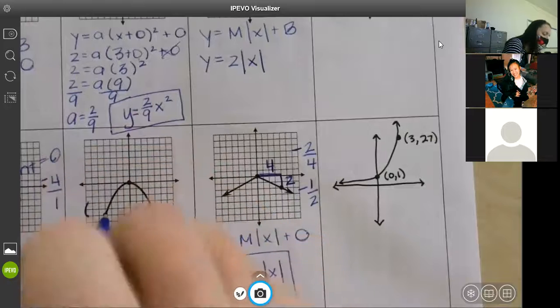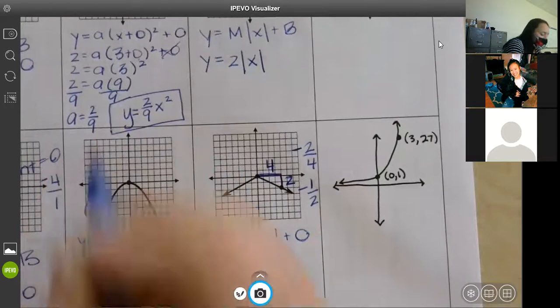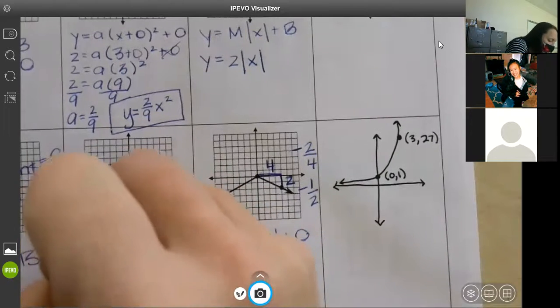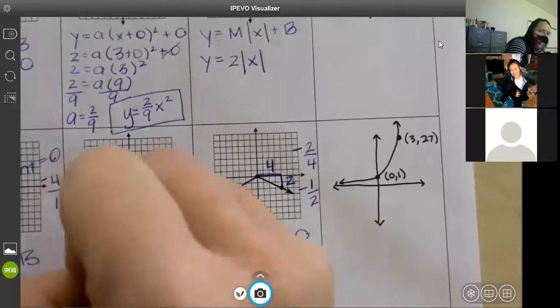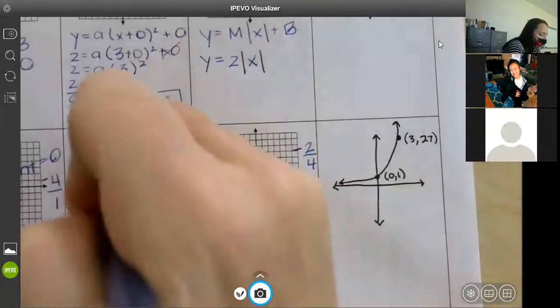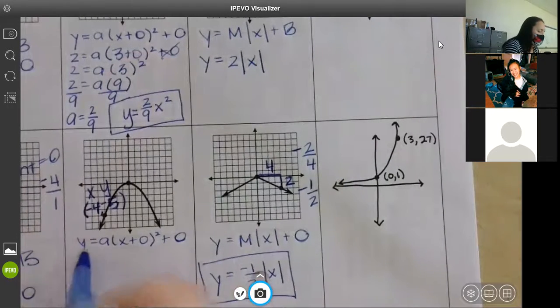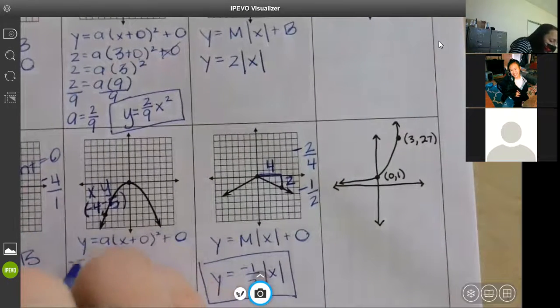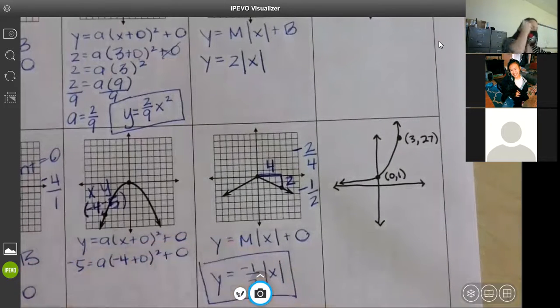What's that coordinate right there? -4, -5. Perfect. I'm trying to make sure you guys can see it. And that's our X and our Y that we're going to plug in. -4, -5. So what's our Y coordinate? -5. We're looking for A. Our X is -4.